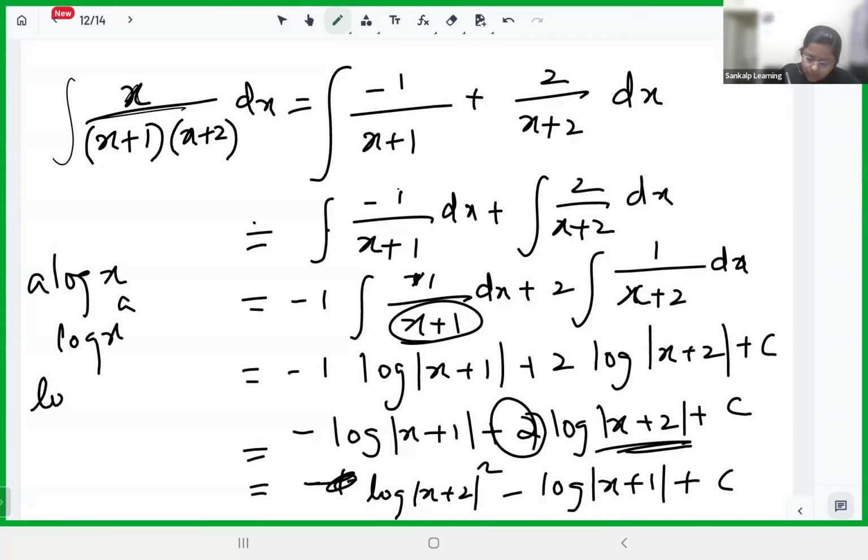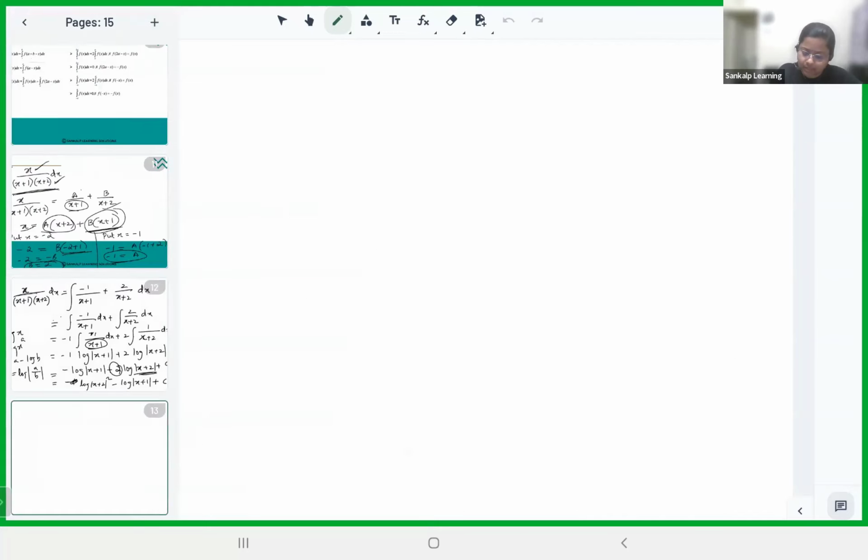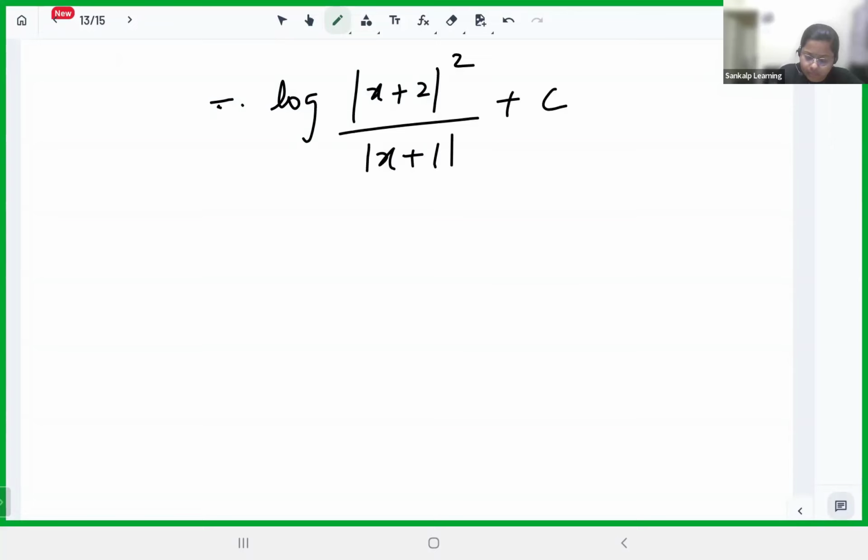Now we can use the property log a minus log b equals log modulus of a by b. So this can be rewritten as log of modulus of x plus 2 square by modulus of x plus 1 plus c.